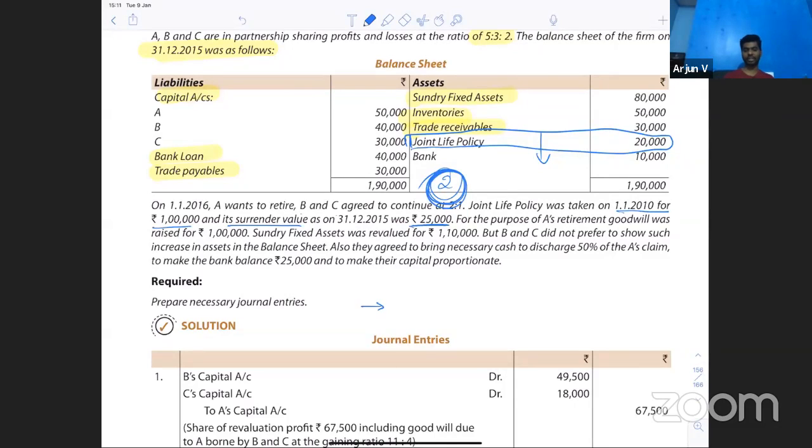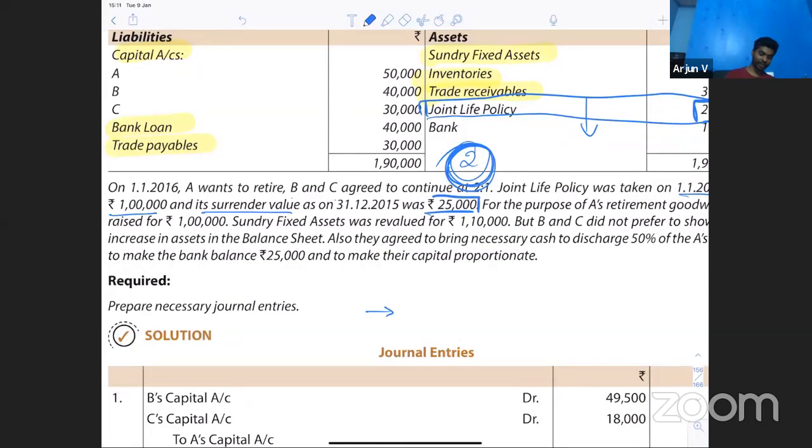I want you guys to tell me what is the value we shall be considering in the books. Guys, I asked you a question. See here, in the balance sheet, they are recording at surrender value. That is 20,000. On the date of retirement, the surrender value was 25,000.